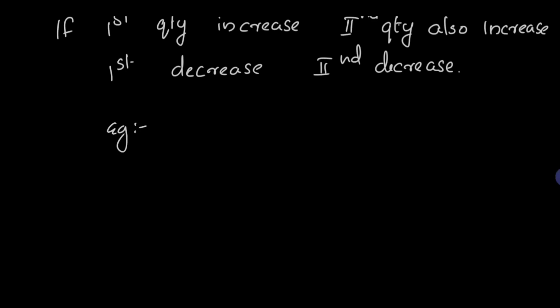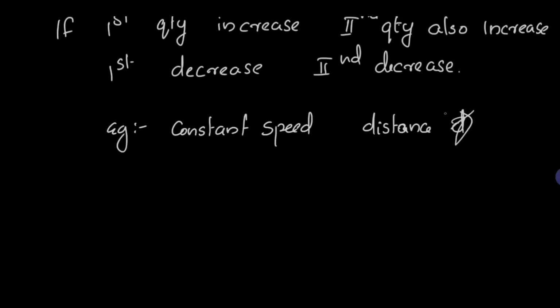If a vehicle is moving with a constant speed, the distance traveled is directly proportional to the time. This is direct variation. As time increases, the distance traveled also increases.